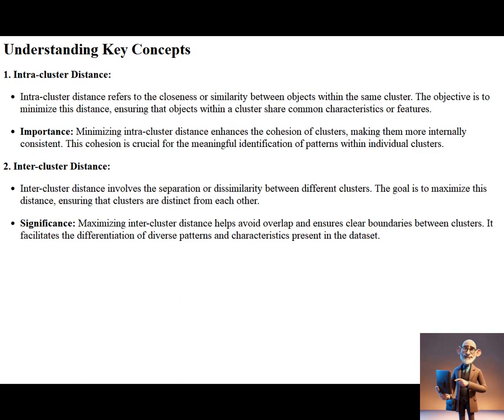As we apply these concepts in practice, keep in mind the broader implications. Minimizing intra-cluster distance enhances internal consistency, fostering meaningful pattern identification. Maximizing inter-cluster distance establishes clear boundaries, facilitating the differentiation of diverse patterns within the dataset.